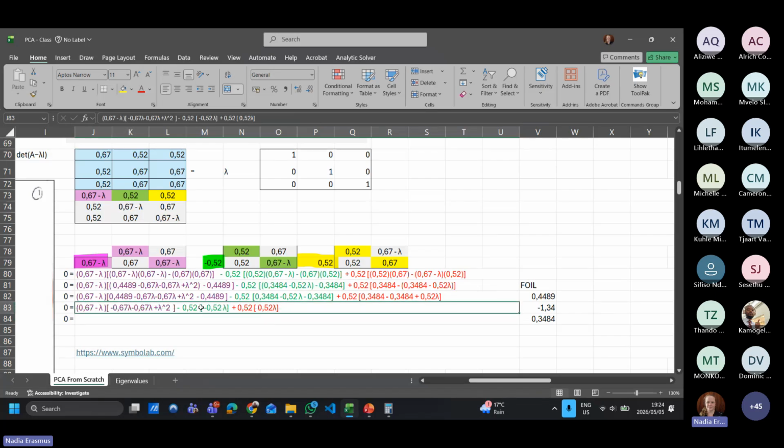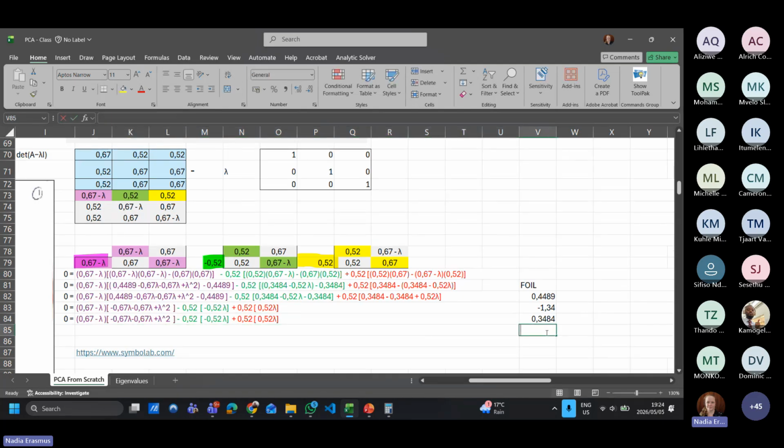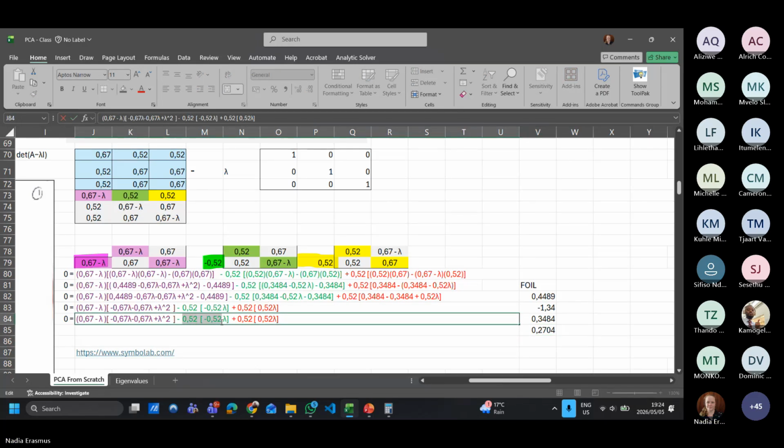I'm going to simplify the red and the green first before taking on this purple monster. So let's copy and paste it over. We have negative 0.52 times negative 0.52 lambda, so it's 0.52 times 0.52. Don't let your hands go faster than your brain. That one's going to be a positive 0.2704 lambda.